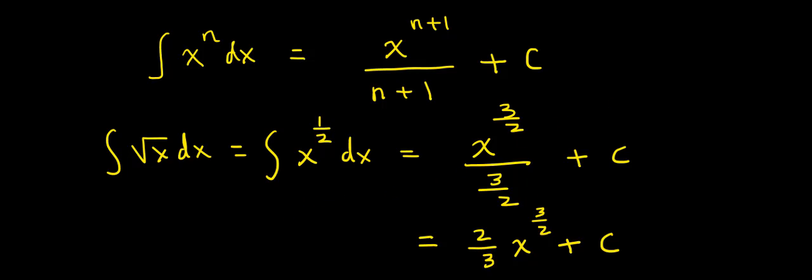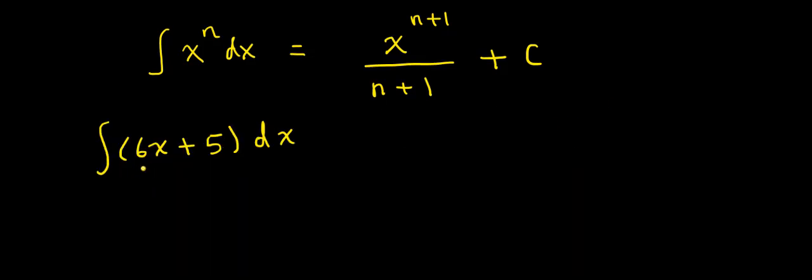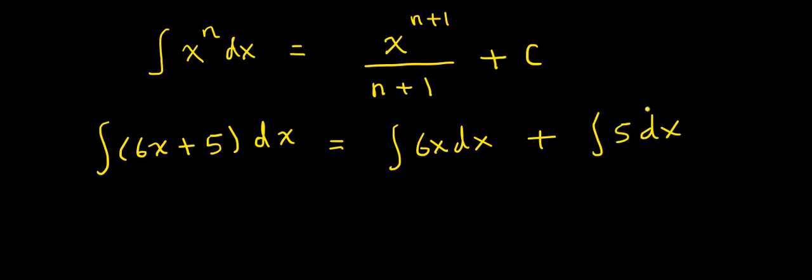The derivative of that is going to be x to the 1/2, which is the same thing as the square root of x. Now how would you find the antiderivative of the quantity 6x plus 5 dx? Well, we could separate this as the integral of 6x dx plus the integral of 5 dx, using the properties of integrals.